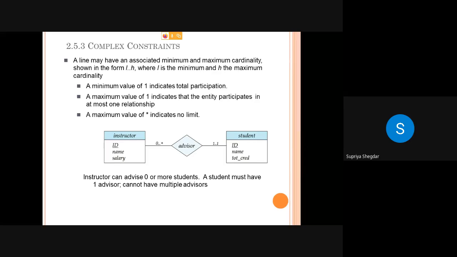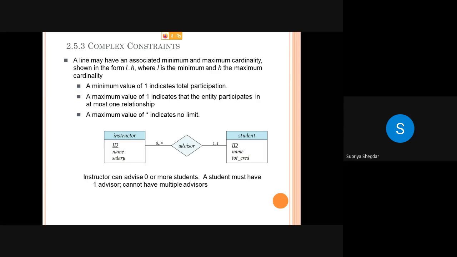And the maximum value of 1 indicates that the entity participates in at most one relationship, meaning a maximum of one relationship. If the minimum value is 1, then it is total participation, and if the maximum value is 1, then that particular entity participates in a maximum of one relationship.